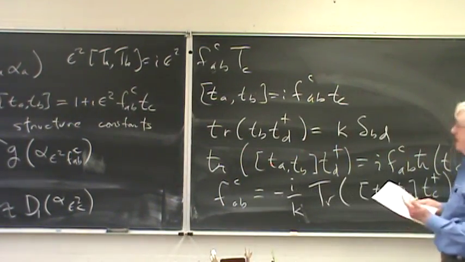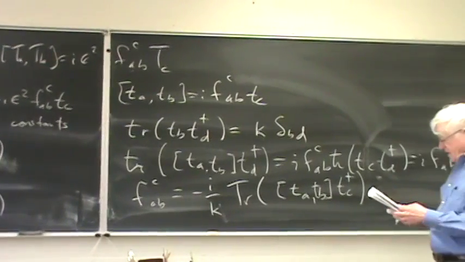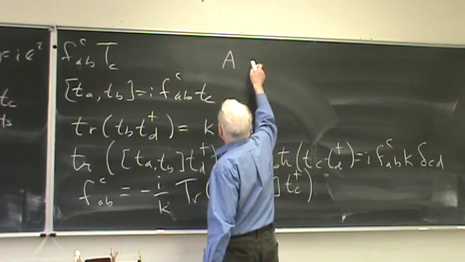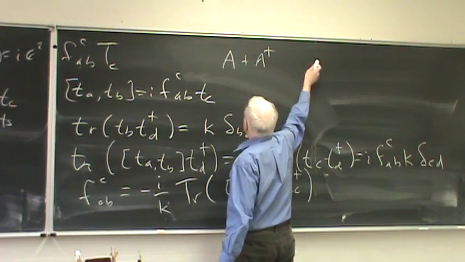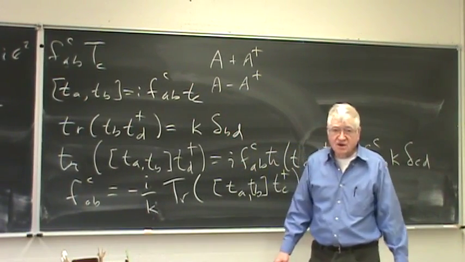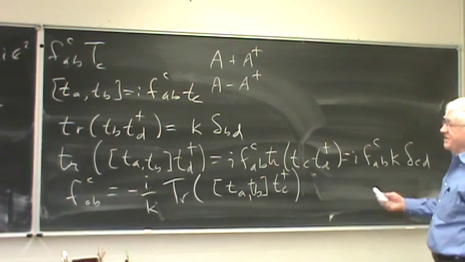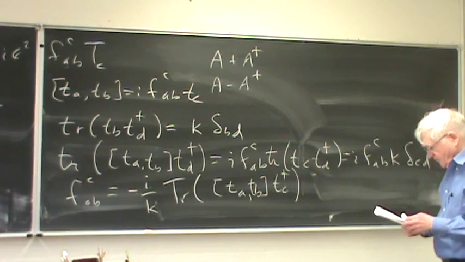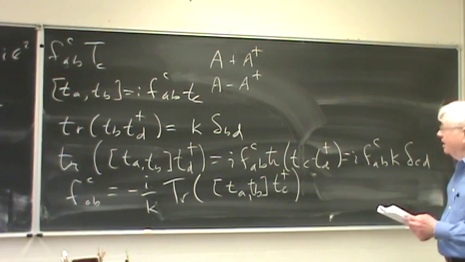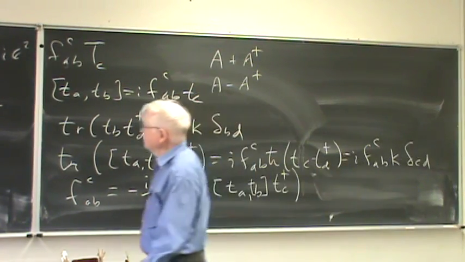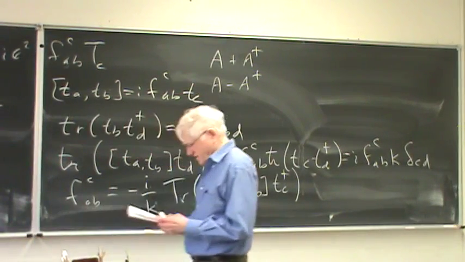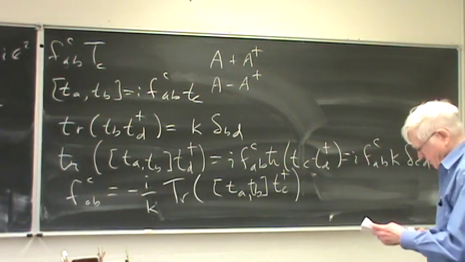In any event, they can be either compact or non-compact. And you see, if you have an arbitrary matrix, you can take A plus A dagger, that's Hermitian. You can take A minus A dagger, and that's anti-Hermitian. And so these generators naturally occur in both forms. If the group is compact, then if the generators are Hermitian, this is a unitary matrix, and the group is compact, and so forth.